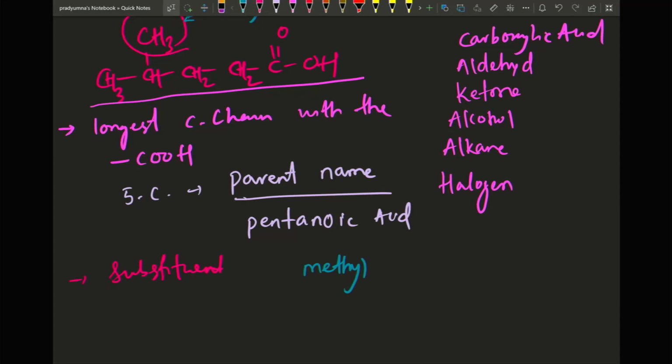Before the name, so it's going to be methyl pentanoic acid. Acid is always the first priority, so that's 1, 2, 3, 4, 5. Where exactly is the methyl group? It is on the 4th position, so it's 4-methylpentanoic acid. All right.